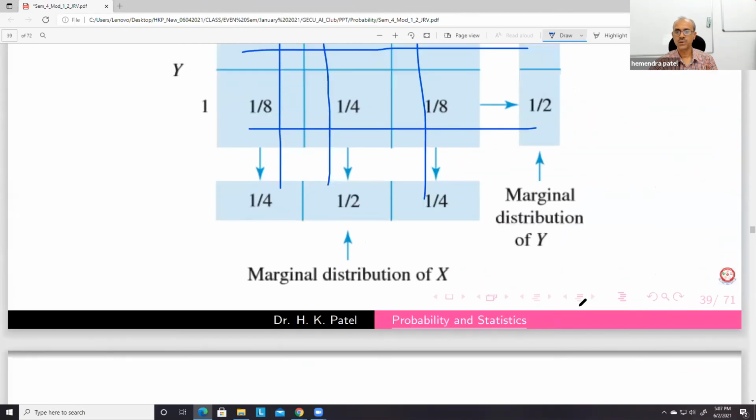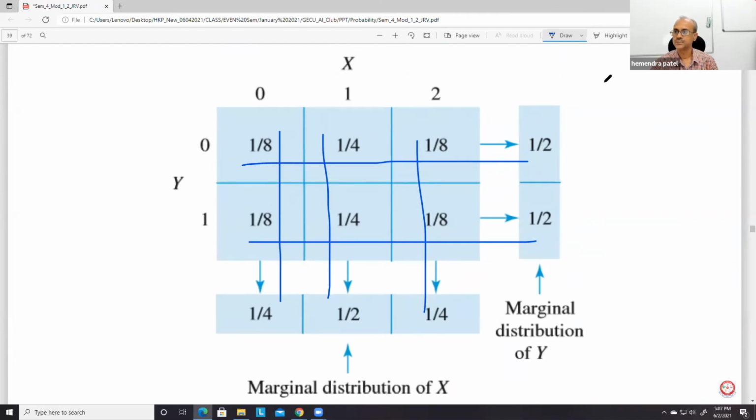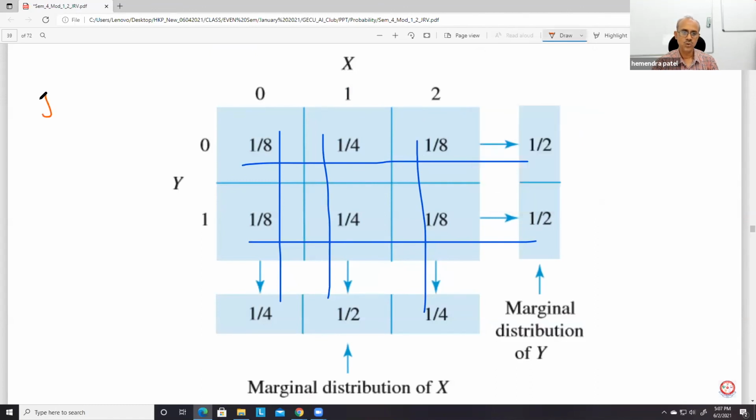So this we can verify from this table. How? Let us see. So what it says, the joint probability mass function is equal to the product of the two marginal probabilities.